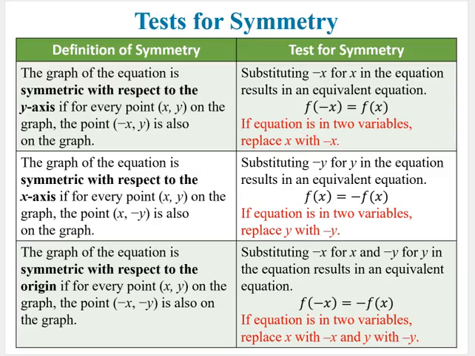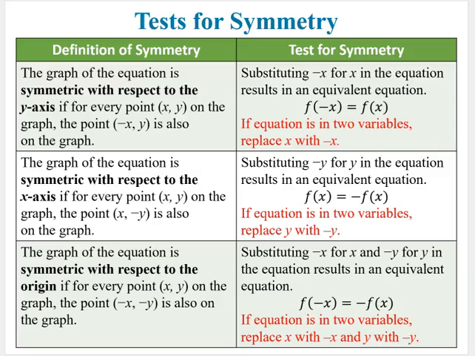The last type of symmetry that you could have is what we call origin symmetry, and this is hard to explain, but think of a graph as a doorknob, and the center of the doorknob is the origin. If you could take that doorknob and your graph and you could turn it 180 degrees around that origin and it still looks exactly the same, then that graph has origin symmetry.